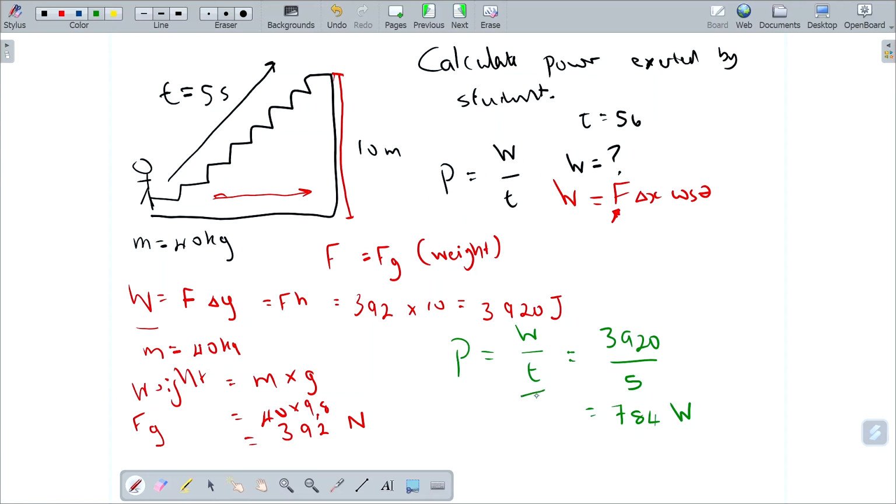So if you look at this, you'll notice that time is below the line here. So if the time goes bigger, the quantity on the right-hand side gets smaller. In other words, the power gets smaller. So by making the time smaller, the power is going to increase. So the faster the student runs up the stairs, the more power will be generated.